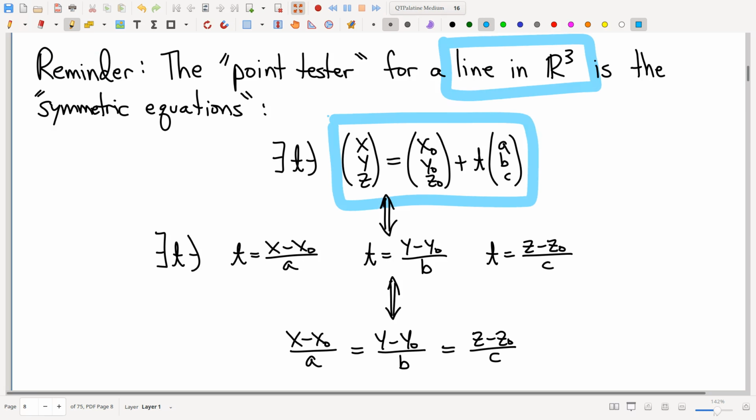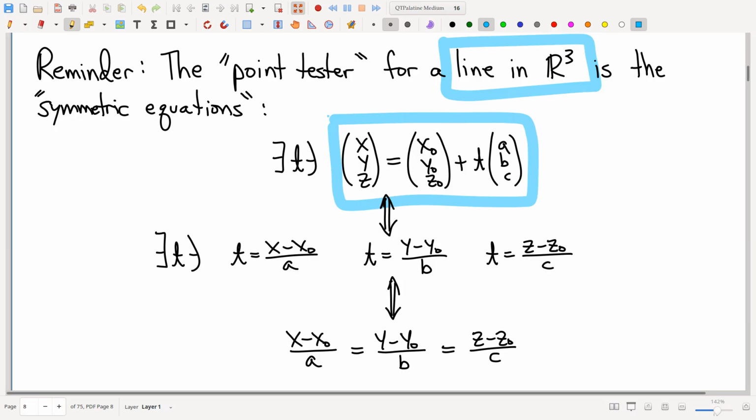Just talked about that. We did a two-dimensional example, but this is a three-dimensional equivalent. This is a point generator. You give me a t, out comes points, cranking out points, right? Generating points. What if I want a point tester? What if I want an equation for a line in R3?